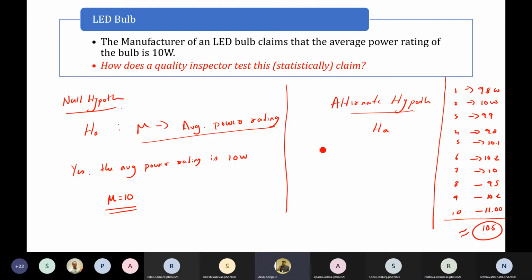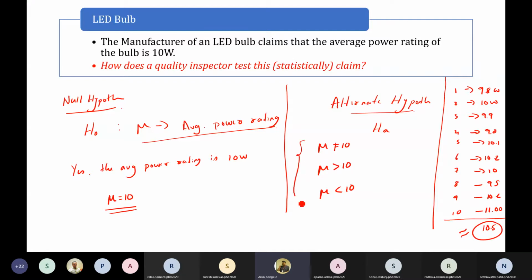Alternate hypothesis: I can write it as mu is not equal to 10, mu is greater than 10, or mu is less than 10. These are the three possibilities.